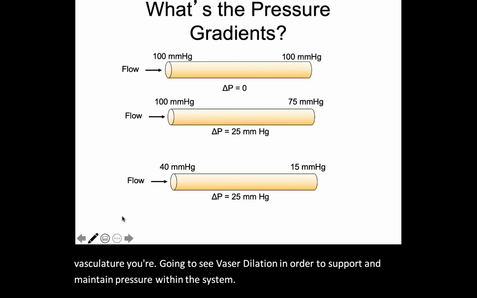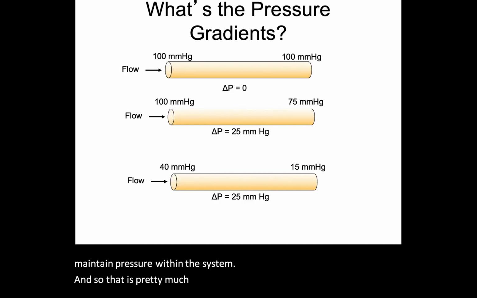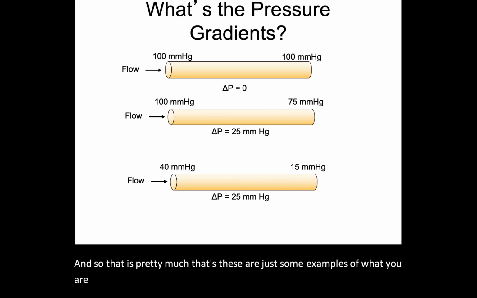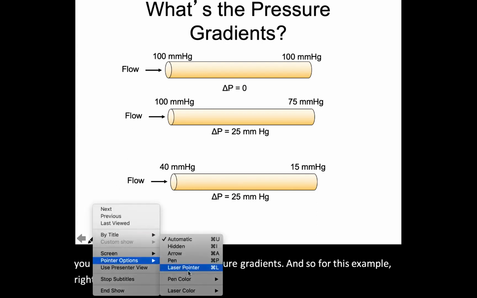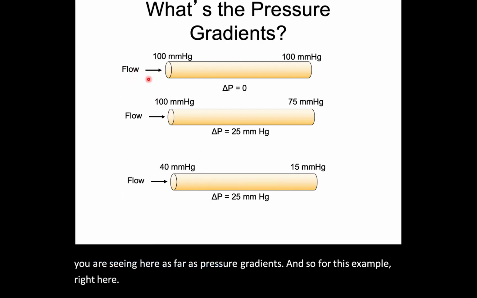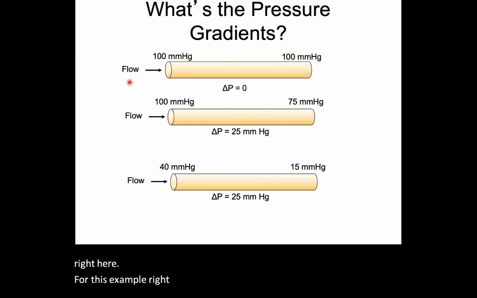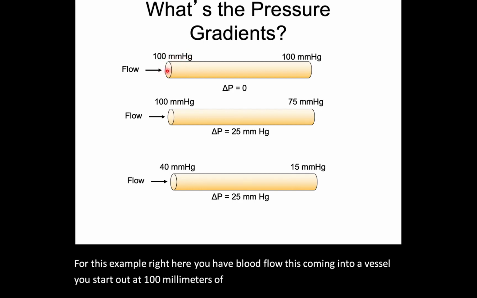Right? And so these are just some examples of what you are seeing here as far as pressure gradients. For this example right here, you have blood flow coming into a vessel. You start out at 100 millimeters of mercury pressure within the vessel, and nothing changes.